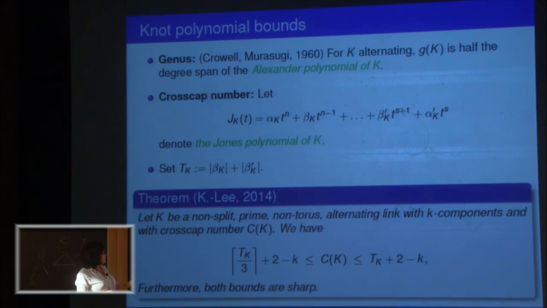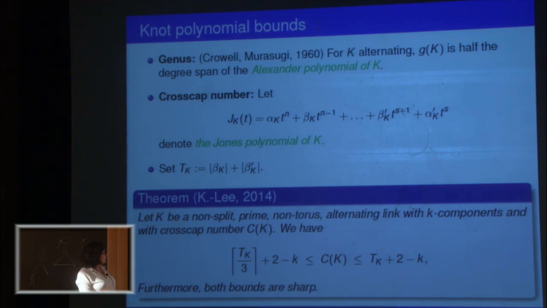And so what we found is that there is a two-sided bound of the crosscap number in terms of this T_K business, all right? And in contrast to the theorem I said earlier, this goes with the ceiling function, all right?